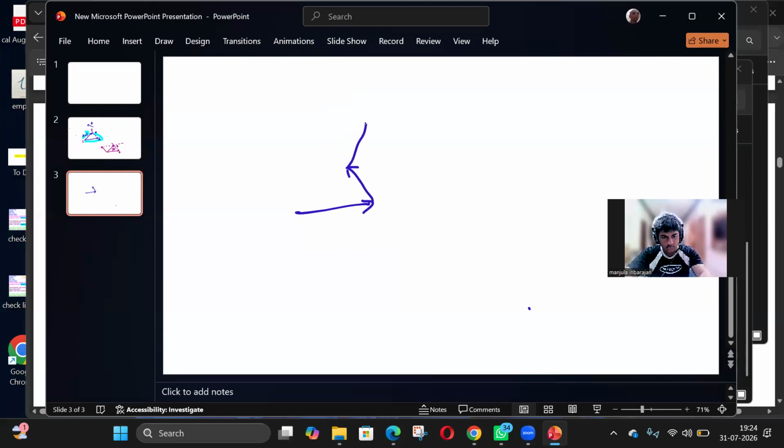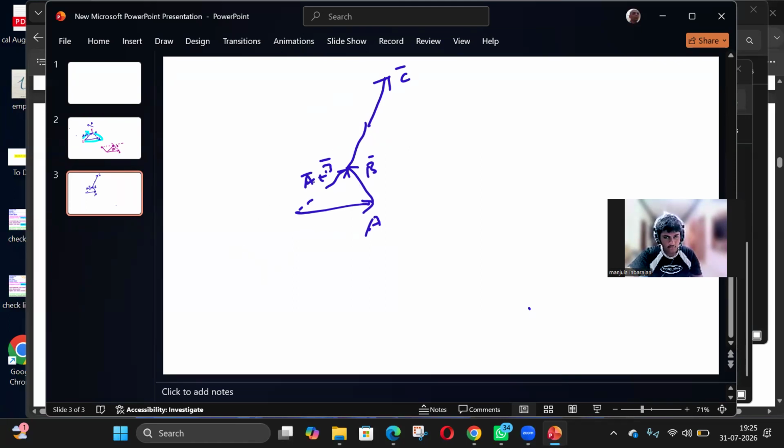And the C vector is like this, some length. Since I know how to add two vectors, I can add A and B first to get this as a sum, A plus B, which is a single vector. Then I can add this A plus B vector with C. Again, there are two vectors, so I can use the triangle law.